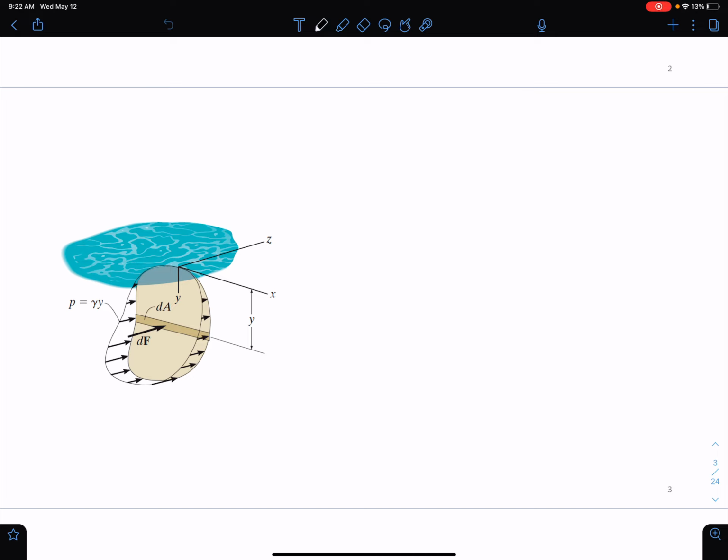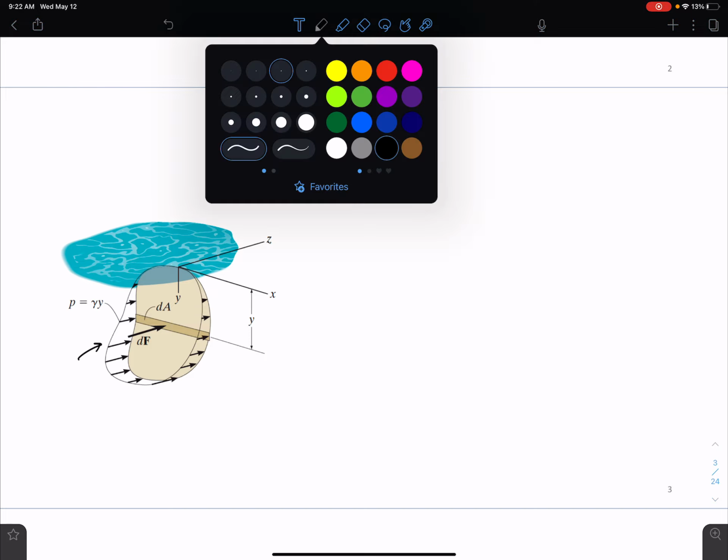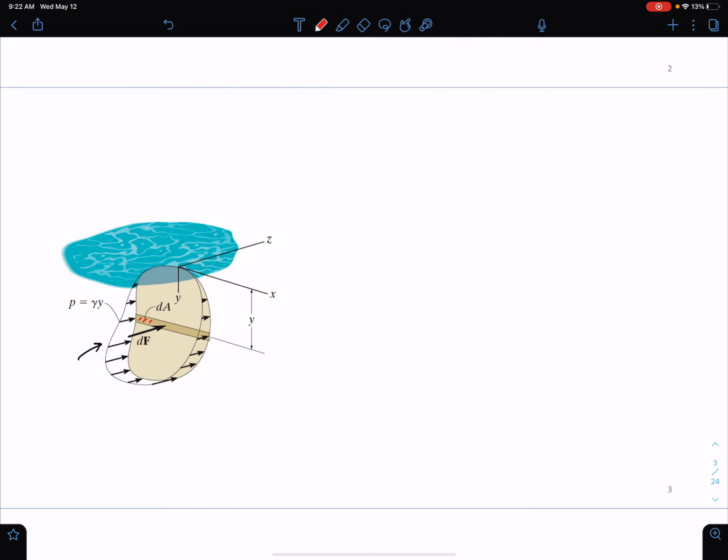Whenever we have a distributed load, like the one shown here on the outside, these black arrows, that acts perpendicular to an area. This area dA is a small little area that you can see that's been highlighted. We have these black arrows that act perpendicular to this area.